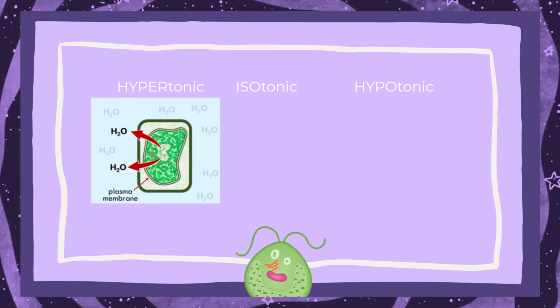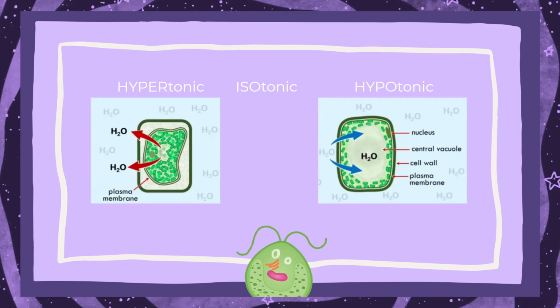In a hypertonic solution, the surrounding environment has a higher concentration of solutes than the inside of the cell. Because of this difference, water moves out of the cell. And as water leaves, the cell loses volume and begins to shrink or shrivel. In a hypotonic solution, the outside environment has a lower solute concentration than inside the cell. The water moves into the cell, causing it to swell.